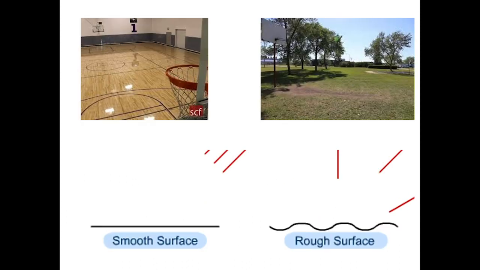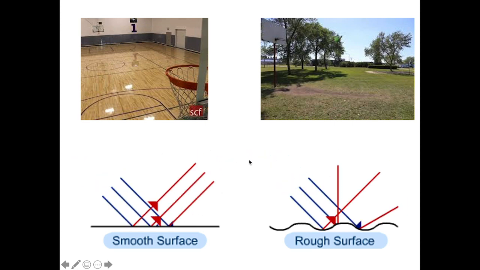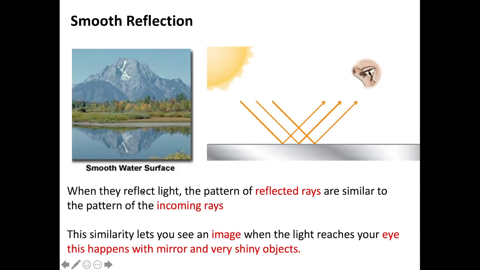So smooth reflection, this is what we're talking about right here. Smooth reflection, so directly coming back. When smooth surfaces reflect light, the pattern of reflected rays is similar to the pattern of incoming rays. So this is an incoming ray. This is a reflected ray. The pattern of them is very, very similar.